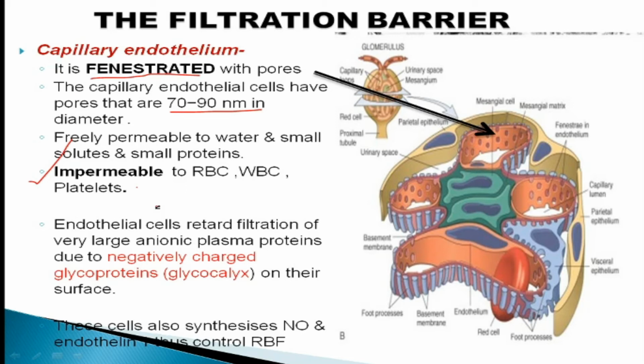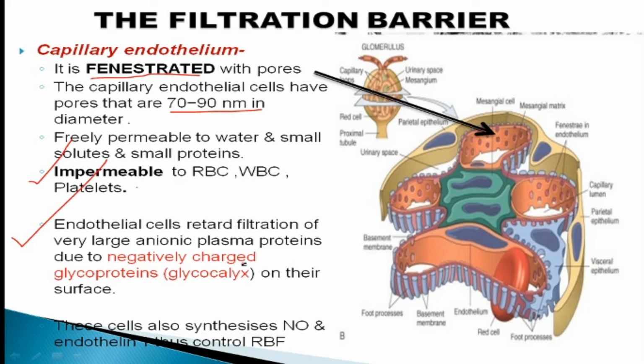Okay, endothelial cells are retarding the filtration of anionic plasma proteins. Why? Because of their negatively charged glycoprotein layer. So again, this is something very important to remember, that the endothelium has a pore size which can allow the proteins to pass, but the proteins do not pass across this layer because this complete surface is lined by negative charge, and as you all know, plasma proteins are negatively charged, so negative charges repel each other.